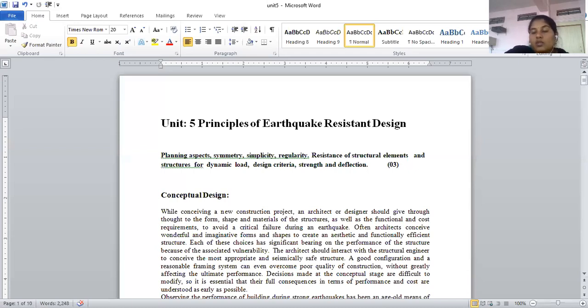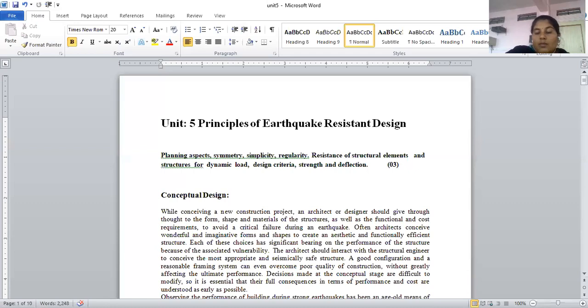So that's why these two persons are here. One is the architect who is making the plan, and the second is the designer who is making the design of that building. They should focus on aspects like symmetricity, simplicity, and regularity. All these aspects should be satisfied in the plan, and after that he should go for constructing the building.